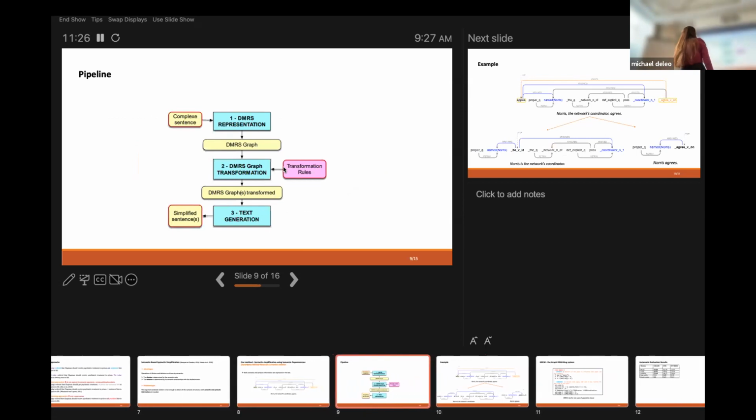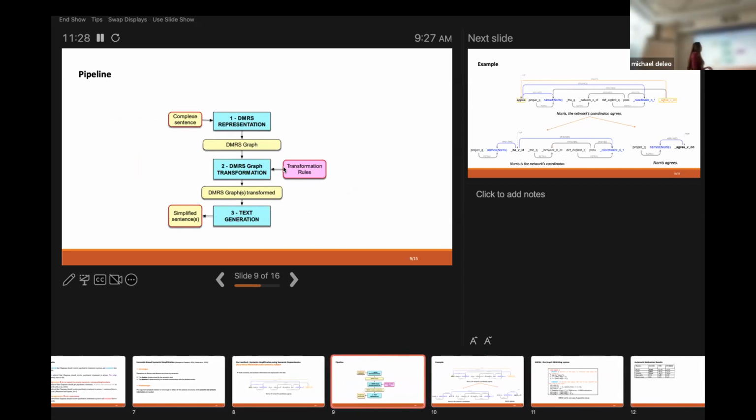So here is the pipeline of our system. The sentence, the DMRS representation, the graph, some rules are applied on this graph, and then we have 2 or more transformed graphs, and then we apply the text generation step in order to have the simplified sentences.